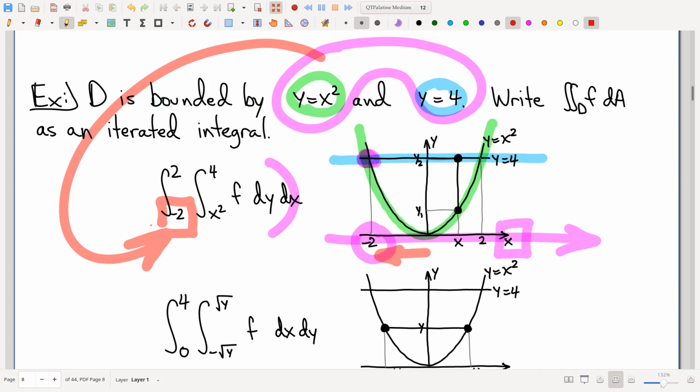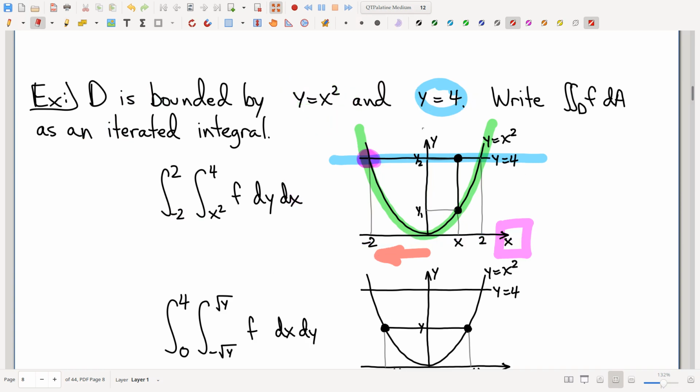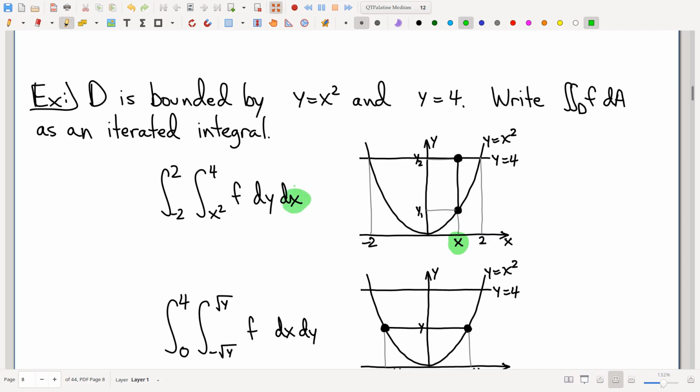Okay, so very similar algebra to get the upper bound. Now let's think about the inside bounds. So remember, per our usual process, we're now going to fix a value of x. We're going to look at that x slice in which there's going to be some lower bound for the y integral.